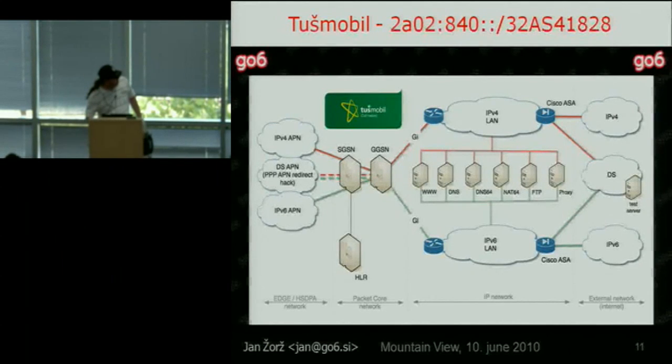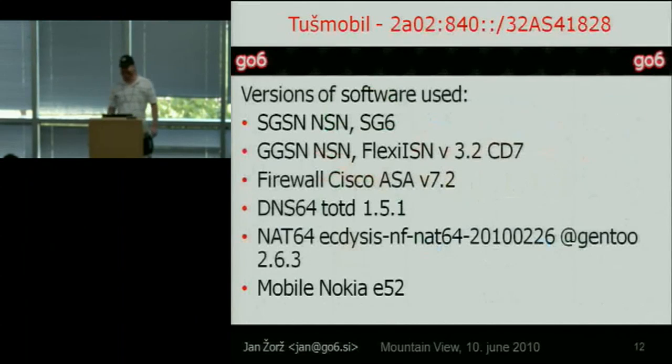This is the network. This is their IPv6 pool, and basically it's like most of the pictures you saw today. There is a trick. I don't know if Nokia fixed that, but they have a redirection hack, because currently in the Nokia SGSN or GGSN they can't have a dual-stacked APN, so they redirect the traffic to 2 different APNs.